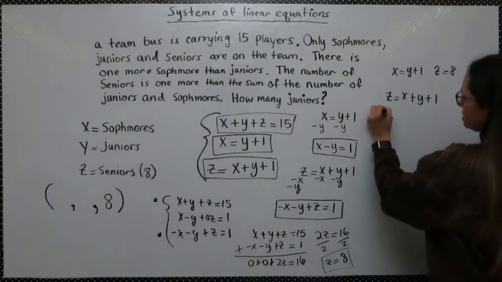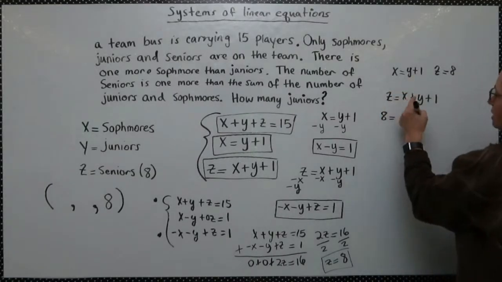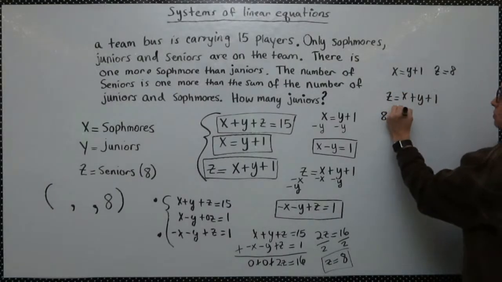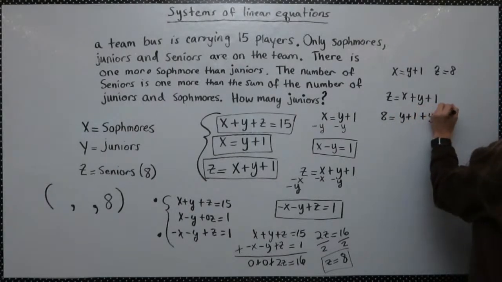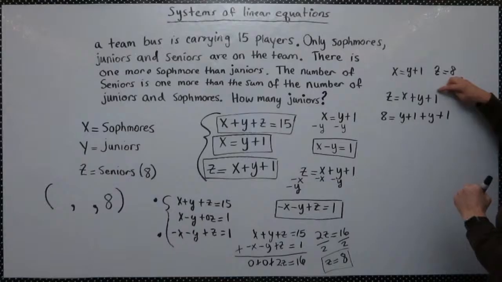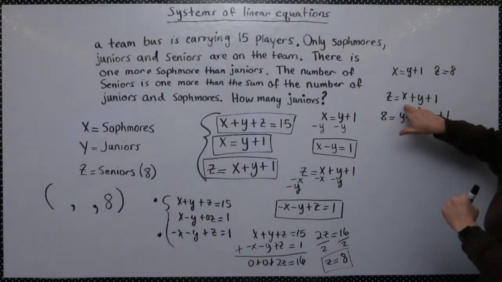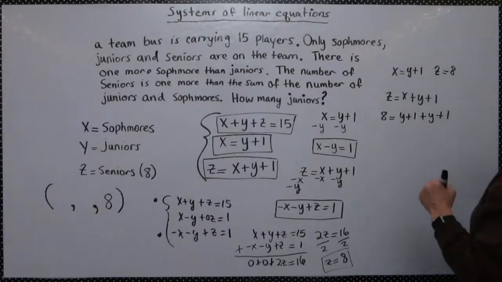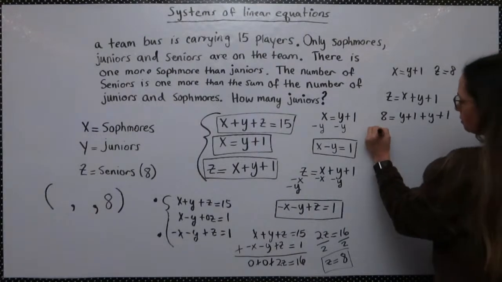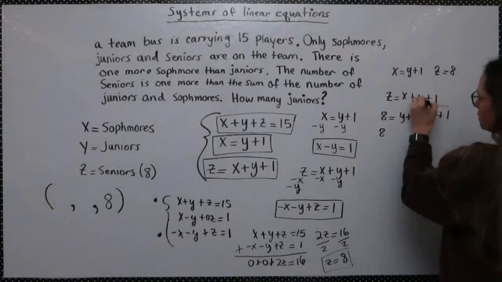So we have 8 equals, and then instead of x, I'm going to write y plus 1, plus y plus 1. You're just substituting for what x is, and then you add the rest of your equation. All right, so now I just have to solve this.